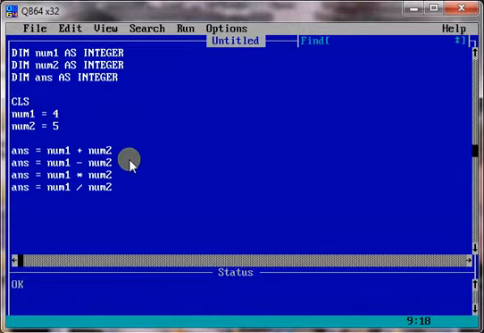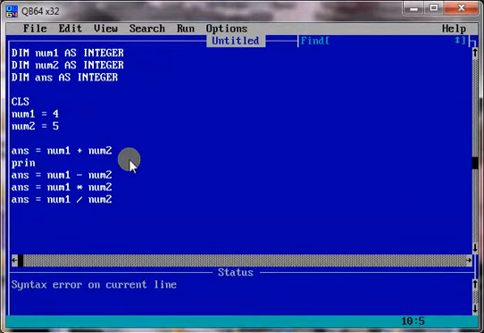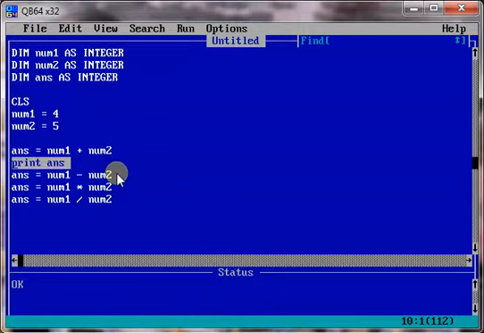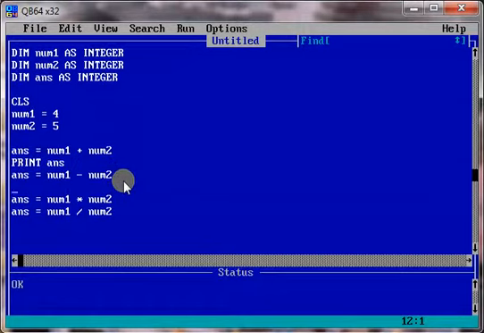So let's put our print. What we're going to do is print answer. So let's copy that. You see that the values of our answers will be different from each other. Print answer here.